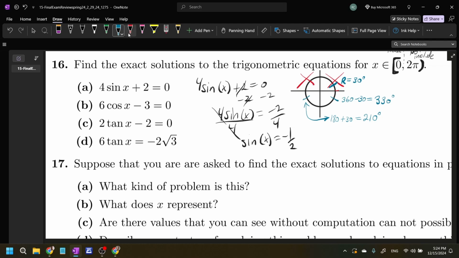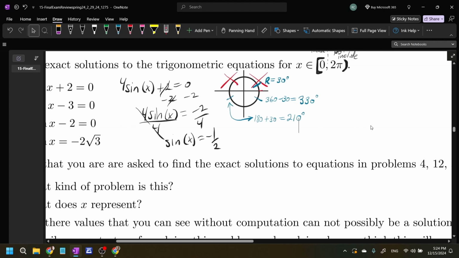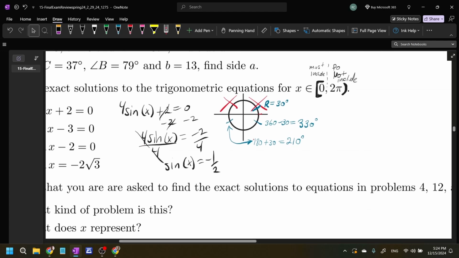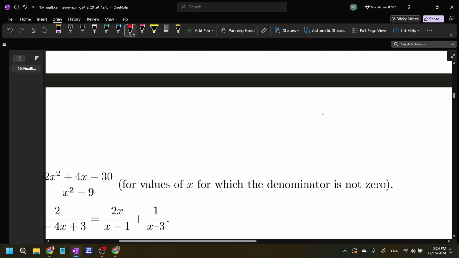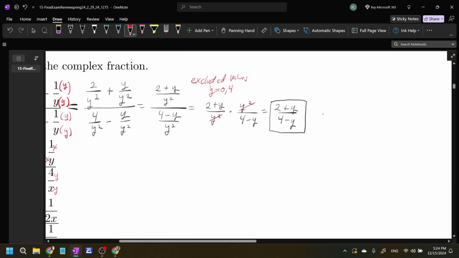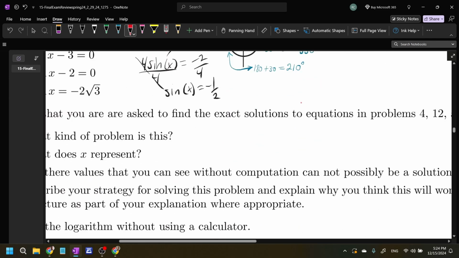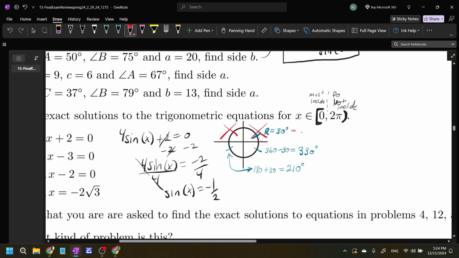But they ask for this in radians, so I'll do this same process using radians as my reference angle. Remember, 30 degrees is pi over 6. That's just our reference angle, not the angle we want.